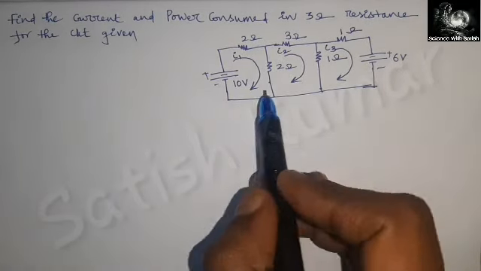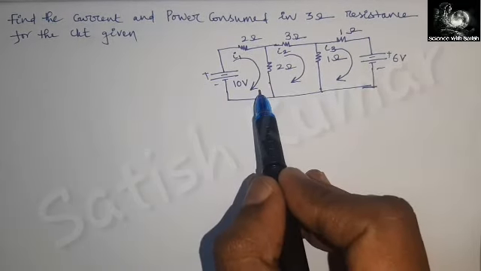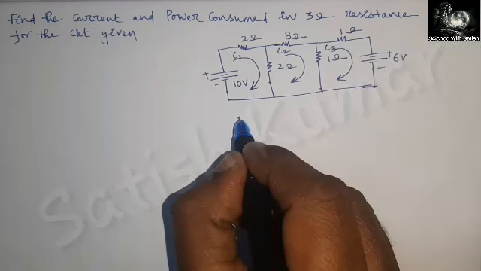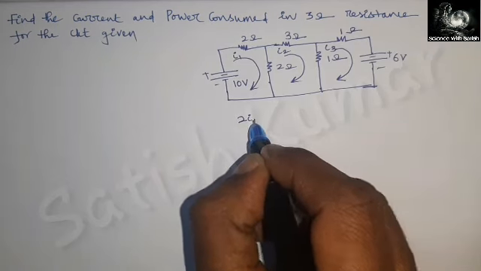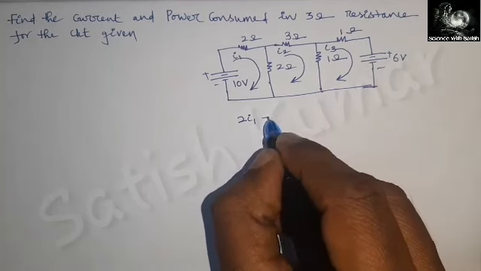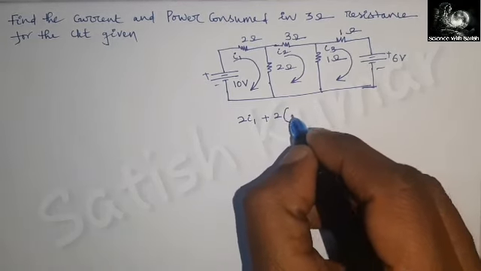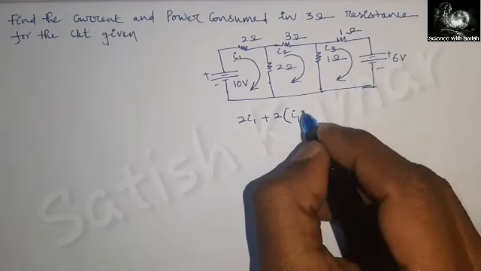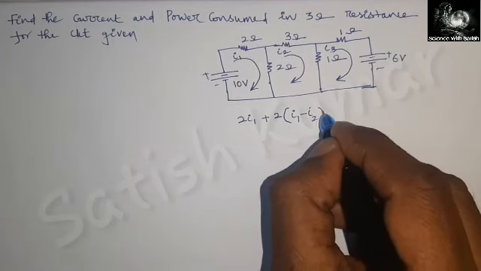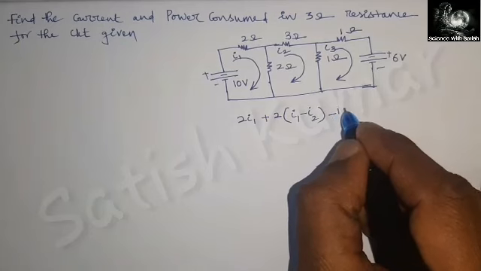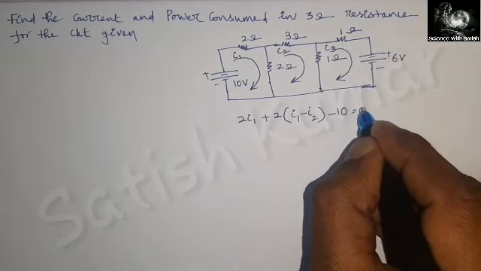So, I am writing the equations for this loop: 2I1 plus 2 into I1 minus I2 minus 10 is equal to 0.